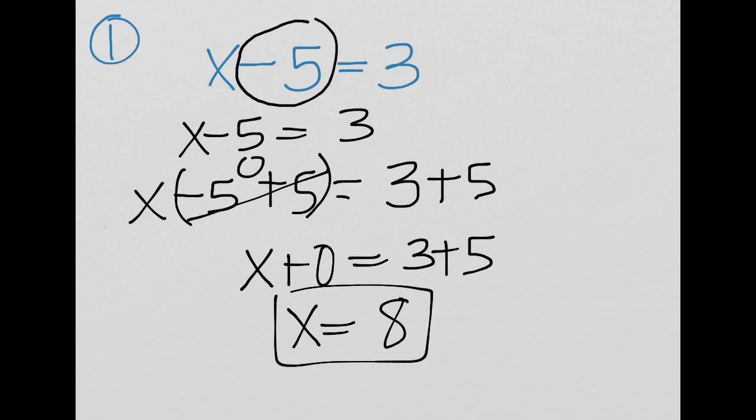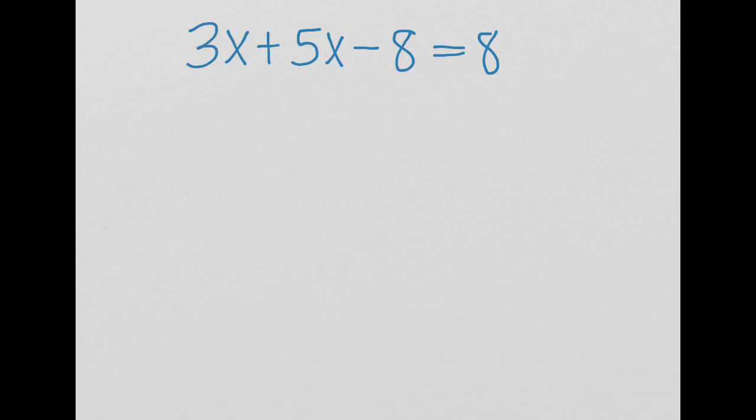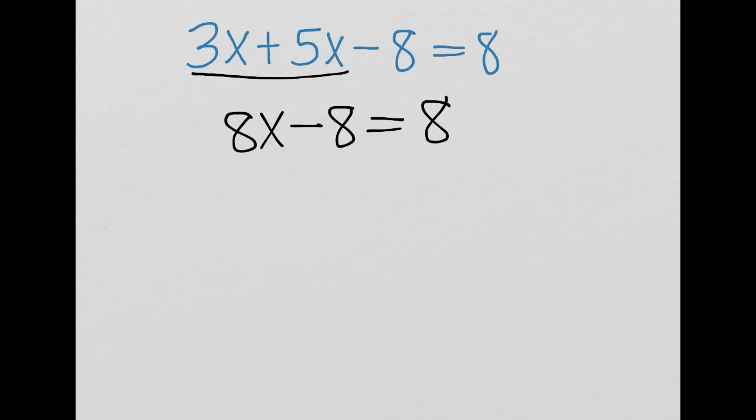Now let's look at one more example to really solidify that. So I have 3x plus 5x minus 8 is equal to 8. What I have to do now is first combine like terms, so 8x minus 8 is equal to 8. Now I want to get rid of this negative 8. So what am I going to do?